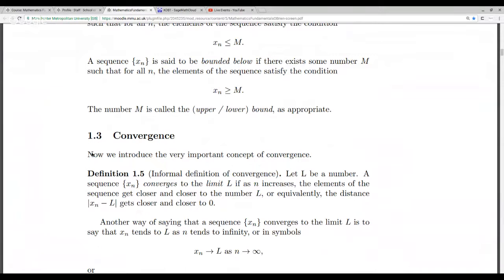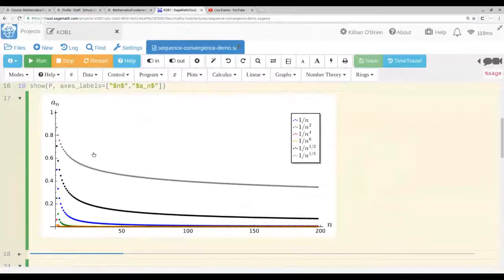We would like a detailed technical definition of convergence that will allow us to describe what's going on here carefully and allow us to prove that these sequences are converging to 0. We feel intuitively that these are all getting closer and closer to 0, but we'd like to technically certify that using a nice definition of convergence.